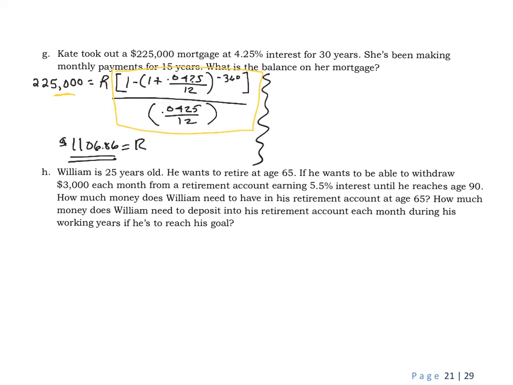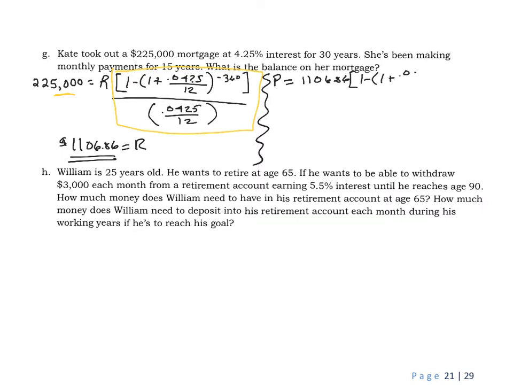Okay, so if she's been making monthly payments for 15 years, it makes sense on a 30-year loan that she has 15 years remaining. Okay, so we're going to figure out what is the principal on the loan. How much does she have left to pay? So $1,106.86 times 1 minus 1 plus.